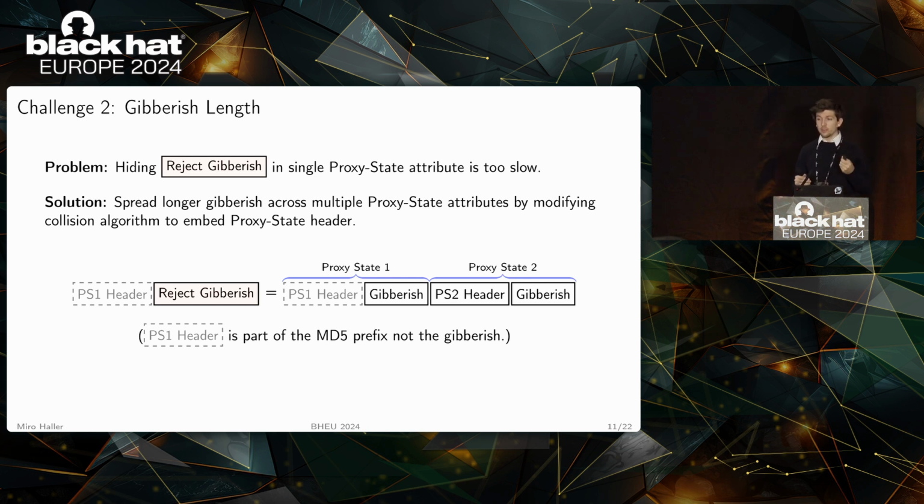And so for this, we had to modify existing chosen prefix collision attacks such that they allow us to put a 4-byte proxy state header into the middle of the gibberish. So you can see here that our gibberish string is actually parsed as 2 different proxy state attributes. Note that the first proxy state header we actually don't need to put into the gibberish. We can hide this one in the prefix, and that makes computations faster.